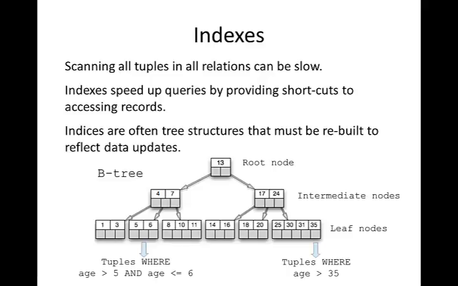So we can jump from here to here, and then we can access all the records. We have pointers from here that point to all the records, all the rows in the table where the age is greater than 35. So instead of processing potentially 20 odd records, rows, we've gone 1 query, 2 queries, 3 queries, we've got the answer.